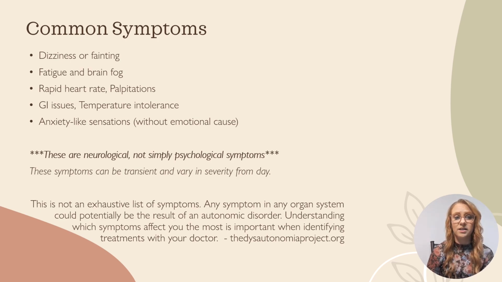That's simply because a lot of times they first look at the anxiety-like symptoms and try to treat those and don't realize that it's an underlying dysautonomia. So 75% of POTS patients are initially misdiagnosed. I just want to make it very clear that these are neurological symptoms. They're not simply psychological. And these symptoms can be transient and vary in severity from day to day.